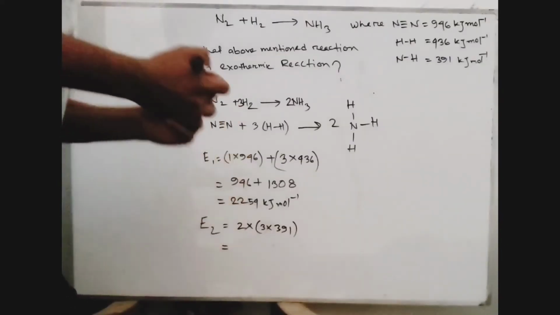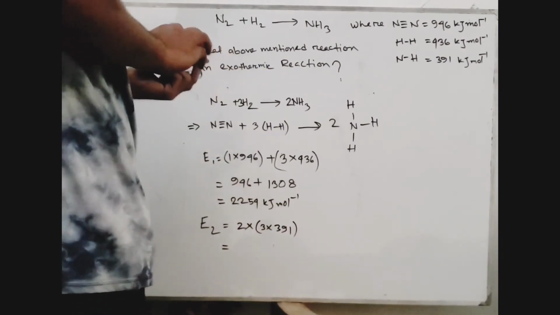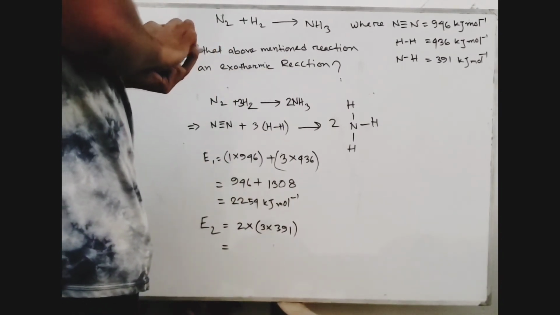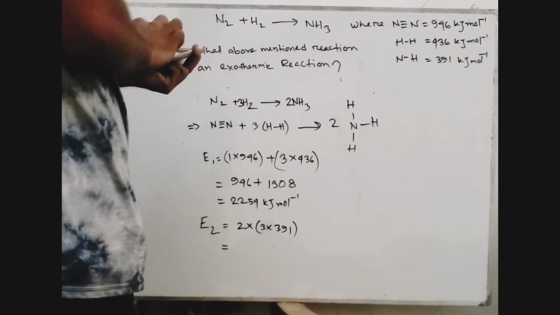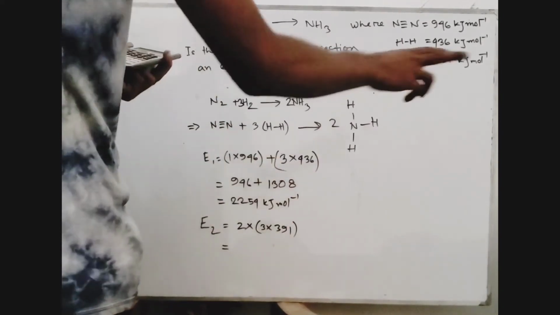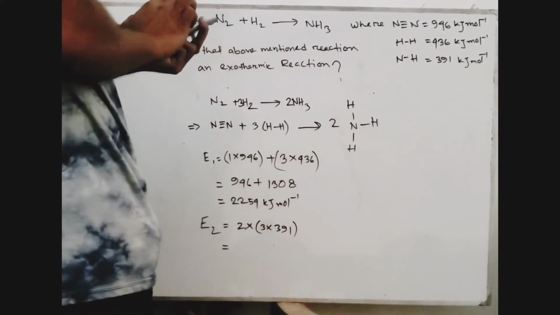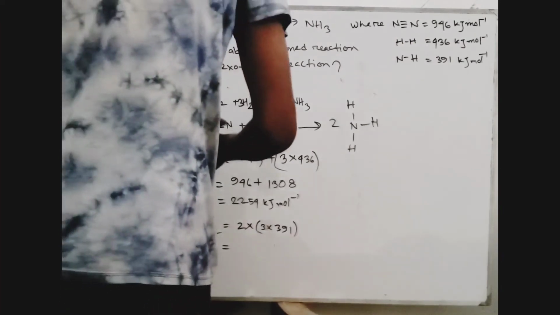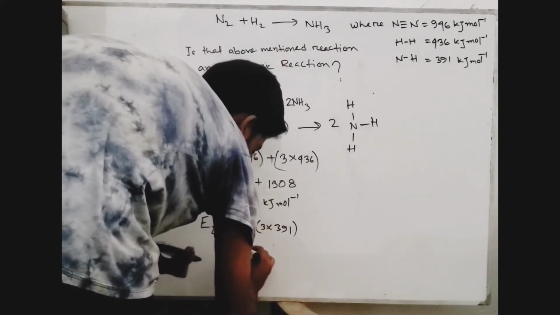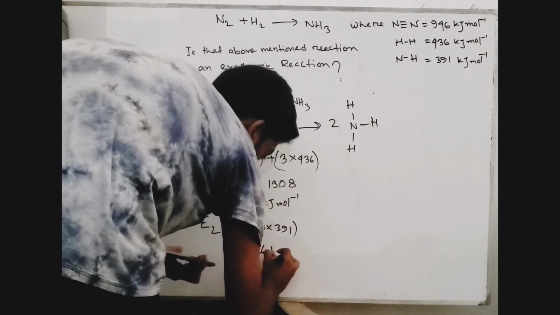If we take help from the calculator, 2 into 3 means 6 into 391 equals 2346 kilojoule per mole.